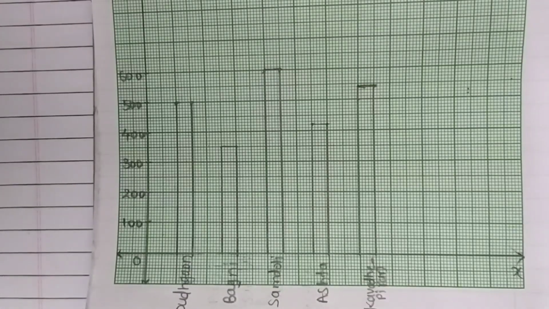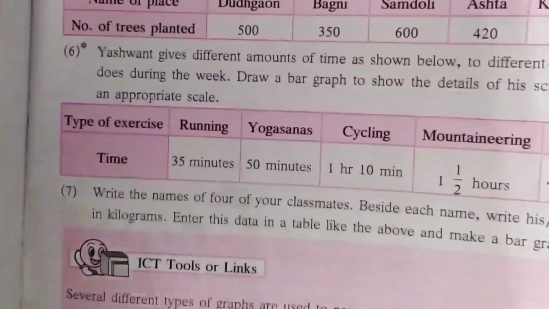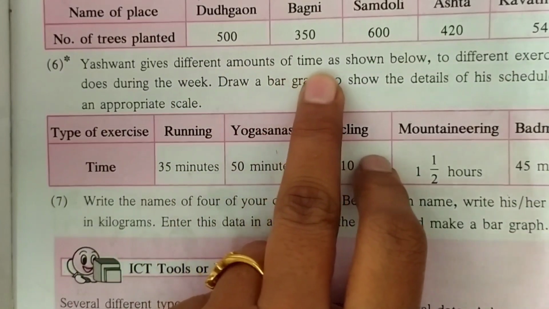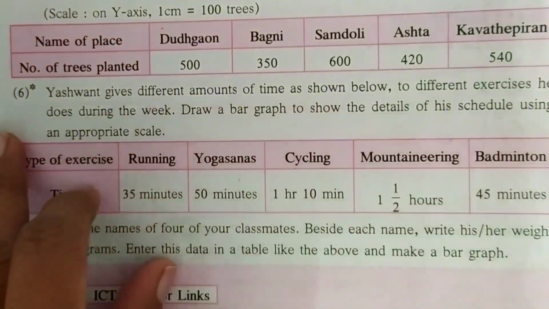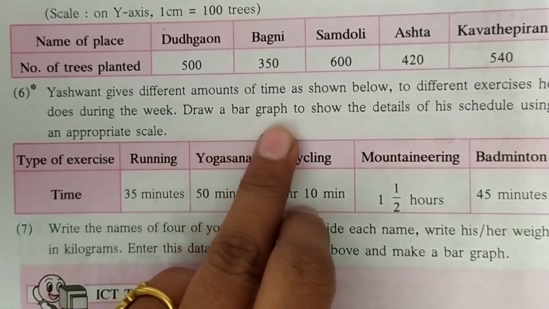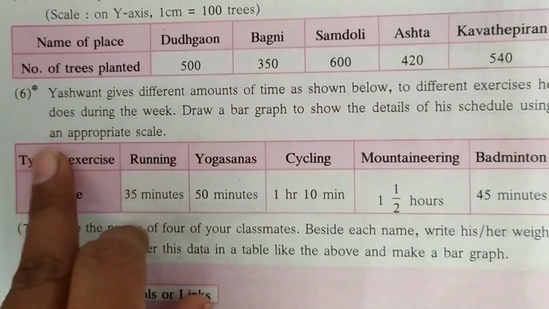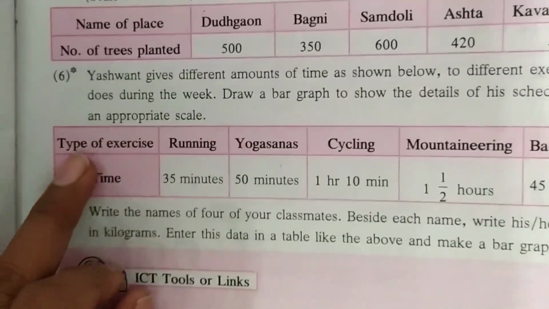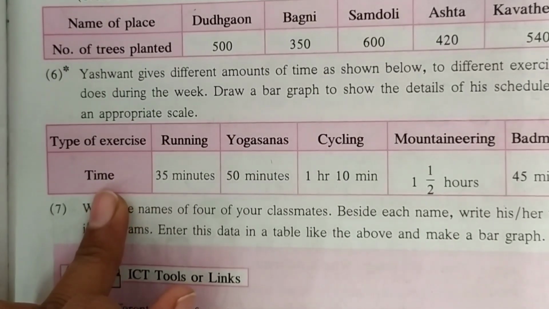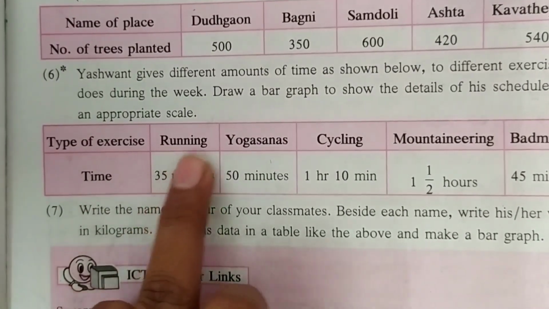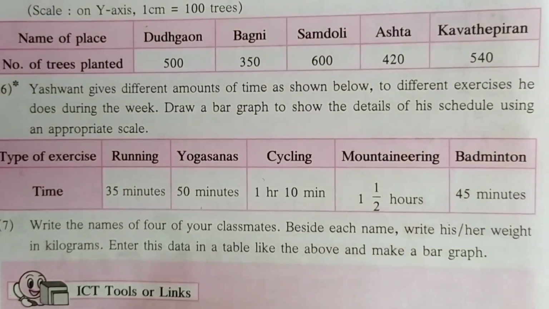Now turn towards the 6th question. The question is, Yashwant gives different amounts of time as shown below to different exercises he does during the week. Draw a bar graph to show the details of his schedule using an appropriate scale. Here they give us the types of exercises and the time for it: running, yogasans, cycling, mountaineering, badminton.